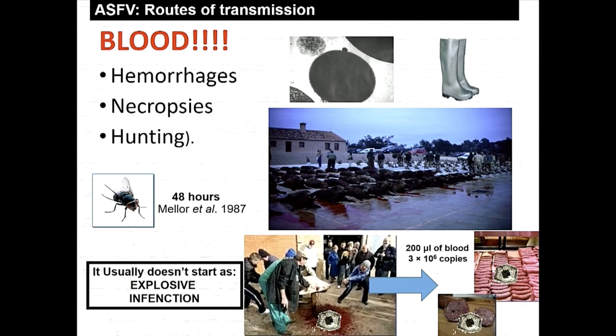Flies are terrible. They are very efficient. They fly all over the other farms around, and the virus can be stable and infective for more than 48 hours. So be careful with the flies. Again, I told you, one drop of blood has 3,000 million copies. So that is enough to infect a farm.